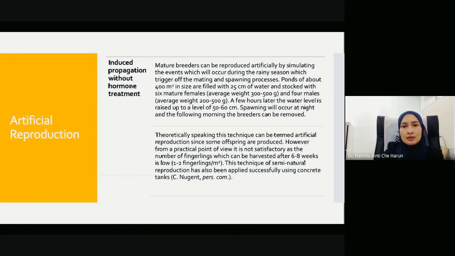However, with this method without hormone injection, the number of fingerlings is low compared to artificial reproduction with hormone. Inducing propagation with hormone treatment is called semi-natural reproduction.